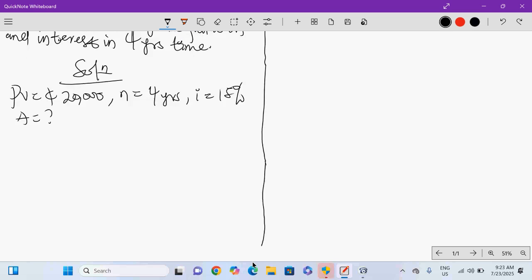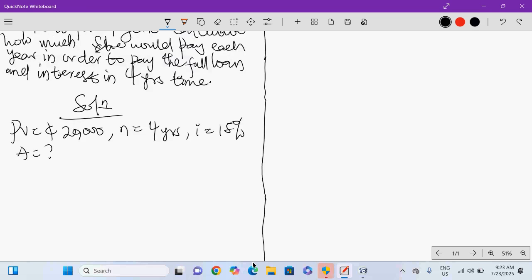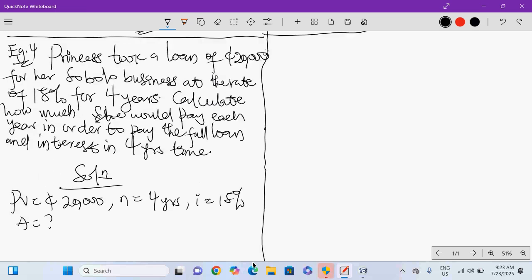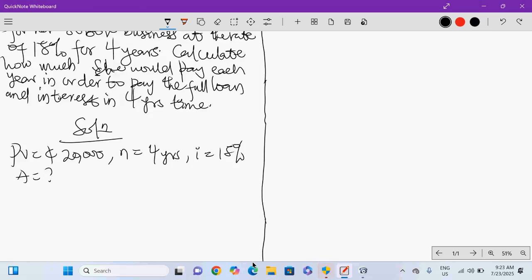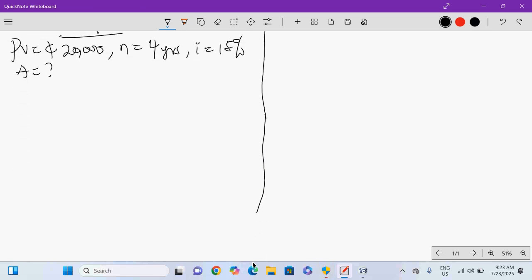Now, the question did not mention whether it is at the end or at the beginning. Calculate how much you would pay each year in order to pay the full loan. See, this question is silent. When the question is silent, that is why I said assume it is at the end, right?